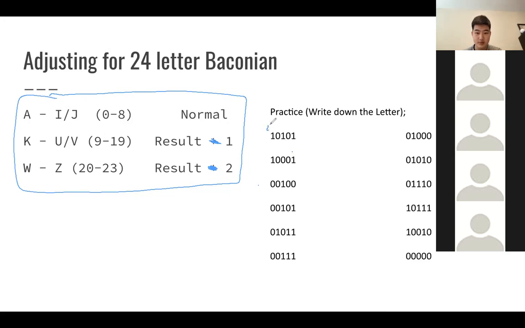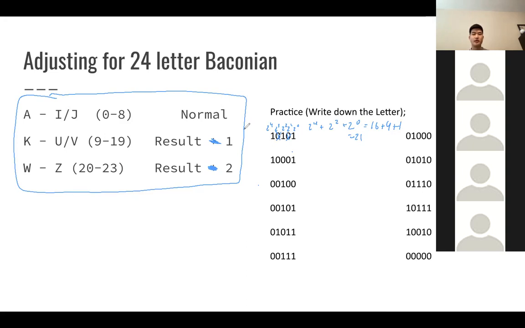So remember 2 to the 4th, 2 to the 3rd, 2 to the 2nd, 2 to the 1st, 2 to the 0th. These are false, we don't care about them. So we have 2 to the 4th plus 2 to the 2nd plus 2 to the 0th: 16, 4, 1. So we get 21. And we remember that 21 is usually V, right?